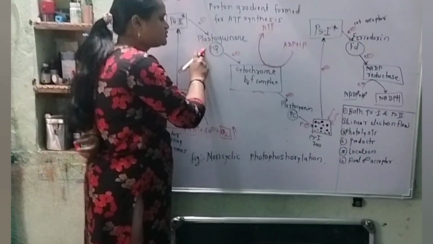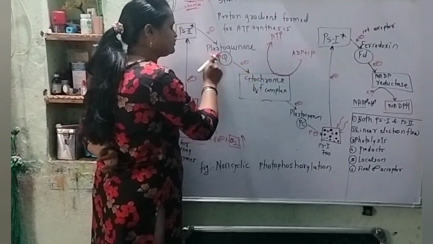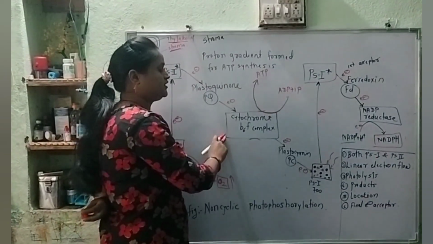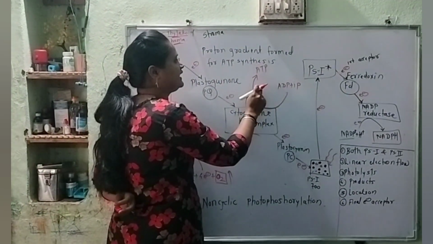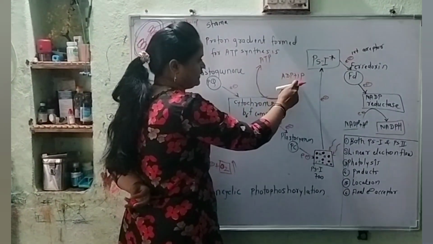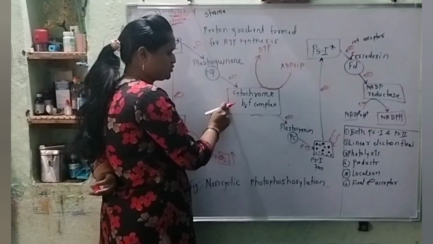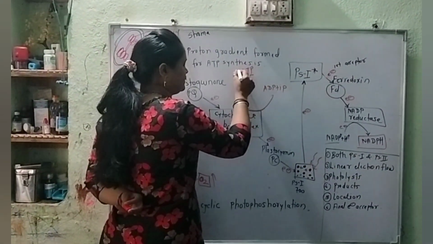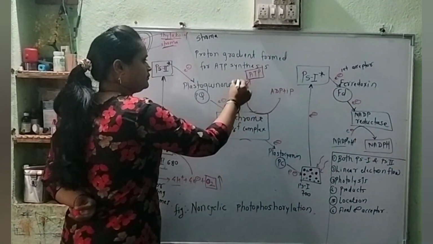Hence plastoquinone gives this electron to cytochrome B6. When the electron is transferred from plastoquinone to cytochrome B6, due to the pumping, there is a formation of 1 ATP. ADP and inorganic phosphate combine, and this is the first product of this reaction, the first ATP.